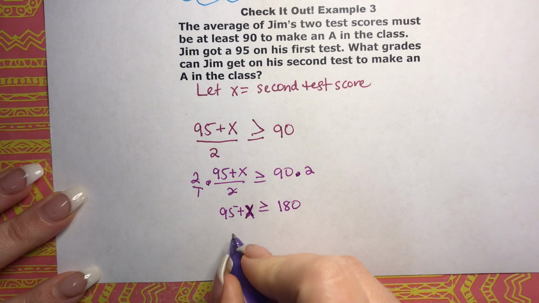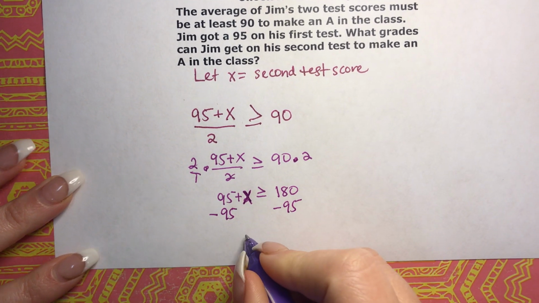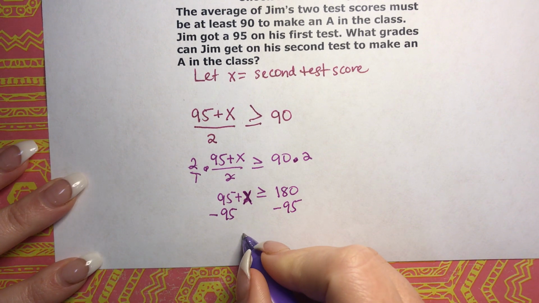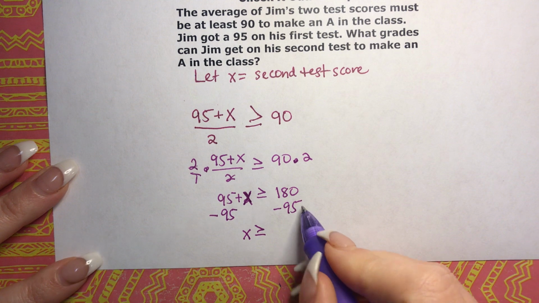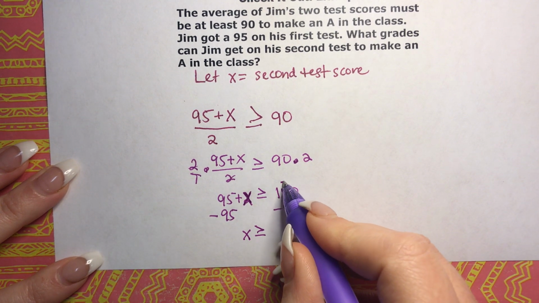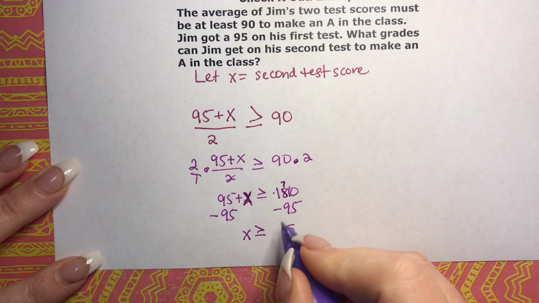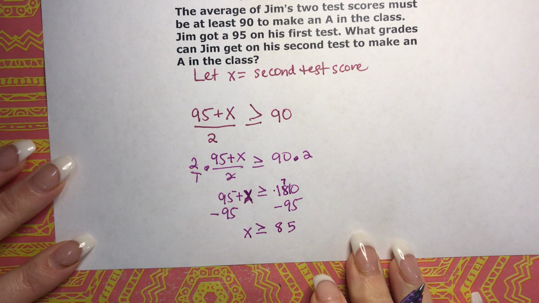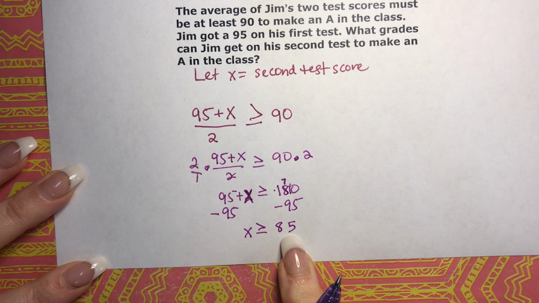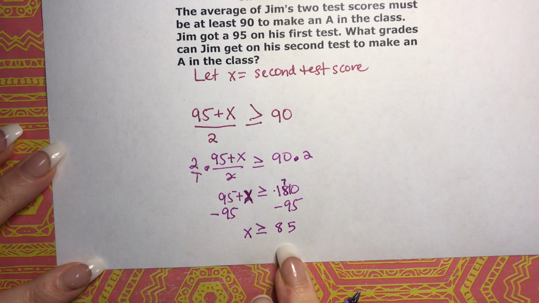All right, so then we need to subtract 95 from both sides, and we end up with x is greater than or equal to 85. 180 minus 95 would be 85. Okay? So he would have to at least get an 85 to get an A in the class. So you have to get an 85 or above.